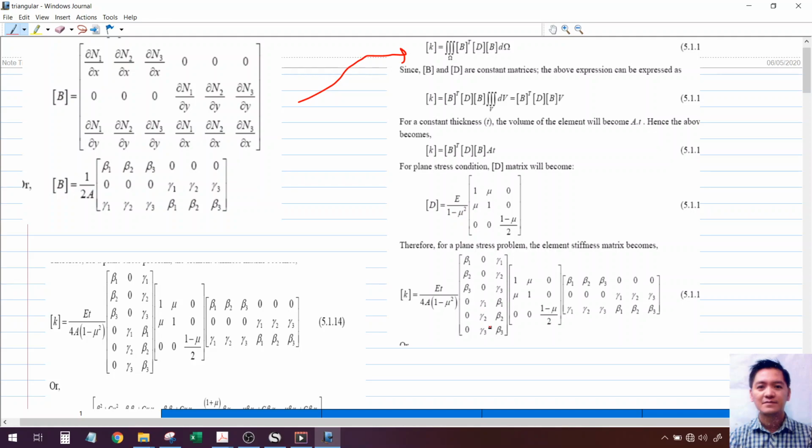Okay, again, this is B transpose, this is D, this is B. Okay, ito yun, no? Sinama lang yung A. Okay. Ito yung thickness. Okay.